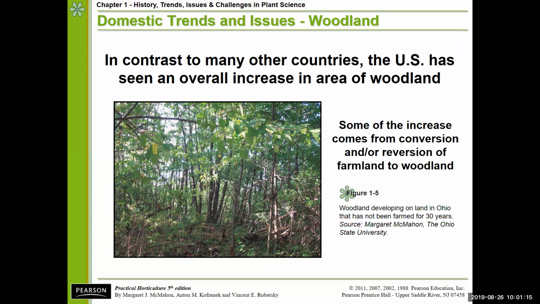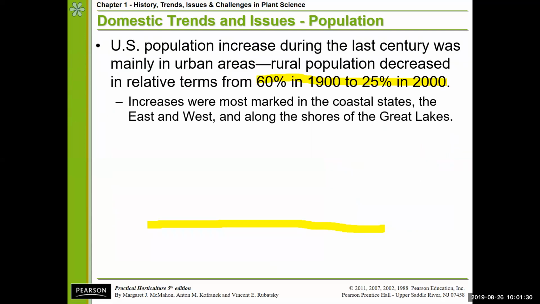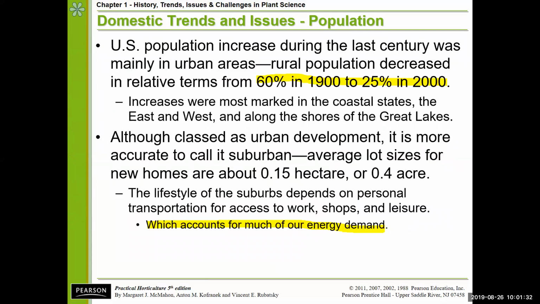So we're getting poor regrowth of timber in many cases, unless it was intentionally replanted. That's in contrast to a lot of other countries. The U.S. is seeing that increase in woodlands. And we mentioned last week that in Virginia, we're looking at about 30% of the land being woodland.